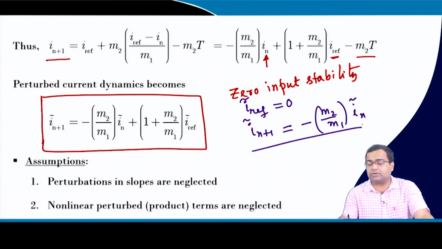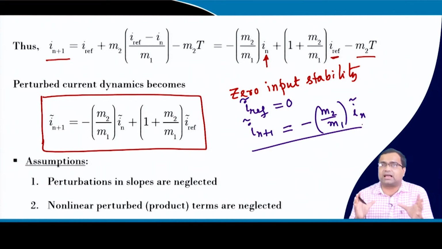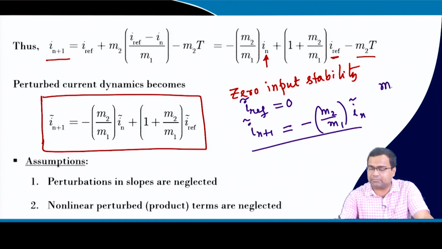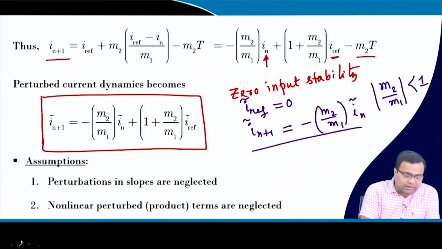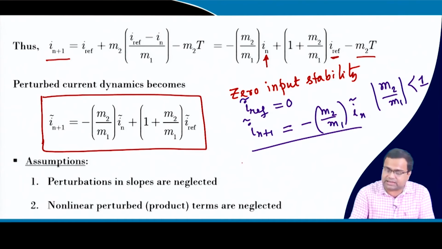That means we are going to justify stability for the inner current loop, and that is zero input stability. If we can show that the magnitude of M2 by M1 is less than unity, then this will be stable. It is stable if this quantity's magnitude is smaller than 1. The other term that we are familiar with is zero state stability.